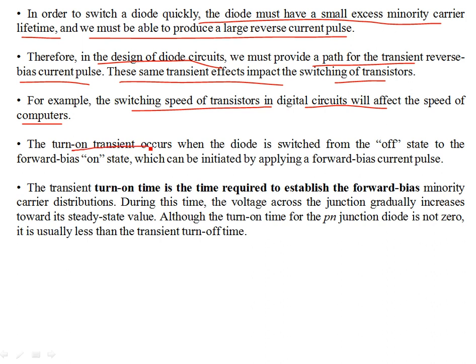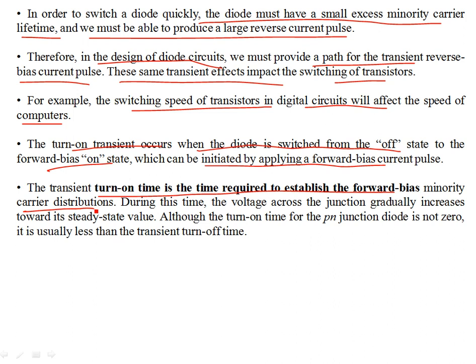The turn on transient occurs when the diode is switched the other way, from the off state to the forward bias on state, which can be initiated by applying a forward bias current pulse. The transient turn on time is the time required to establish the forward bias minority carrier distribution. So it's the other way around.